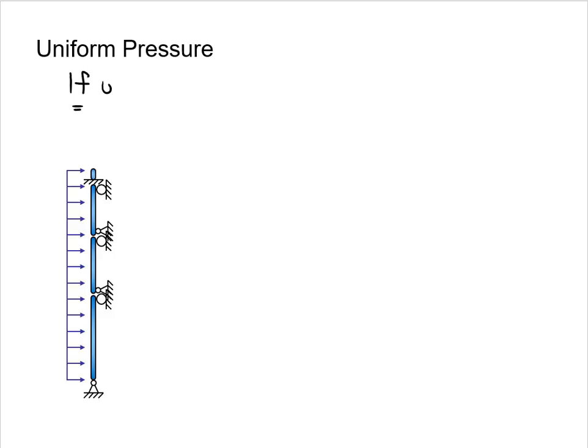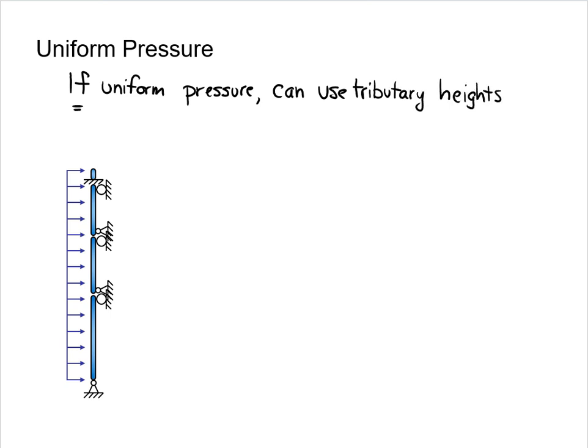If the pressure on the wall is uniform, we can use tributary heights to calculate the resulting load at each diaphragm level. This bottom level is simply supported with uniform pressure. Equilibrium tells us that the reaction at the bottom is that pressure times half of the height of the segment. So it is the pressure times the tributary height. For the first diaphragm, there is pressure coming from above the level and from below.